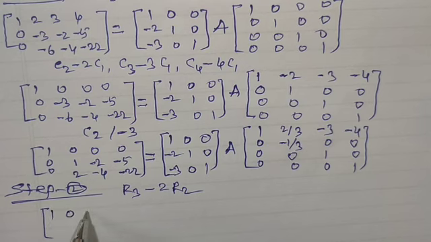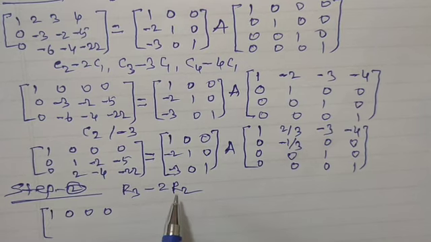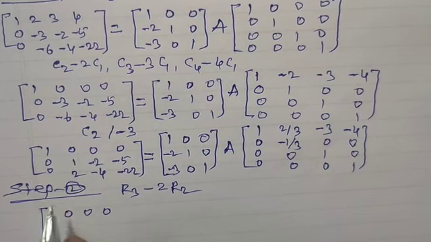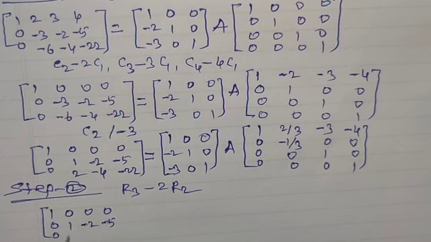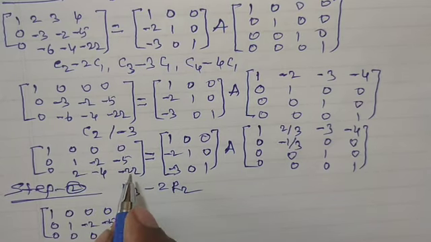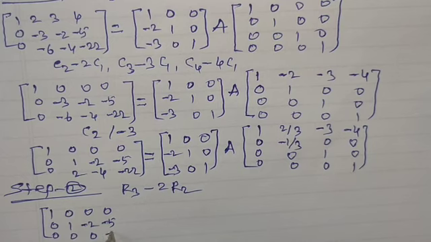1 0 0 0. Change in R3 only, first row and second row remain as it is. 0, 1, minus 2, minus 5. 0, 2 minus 2, 0, minus 4 plus 4, 0, minus 22 plus 10, that is minus 12.